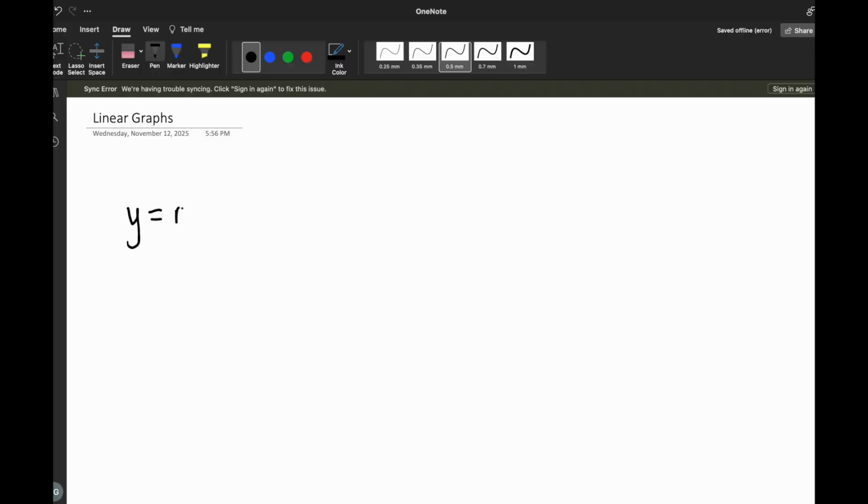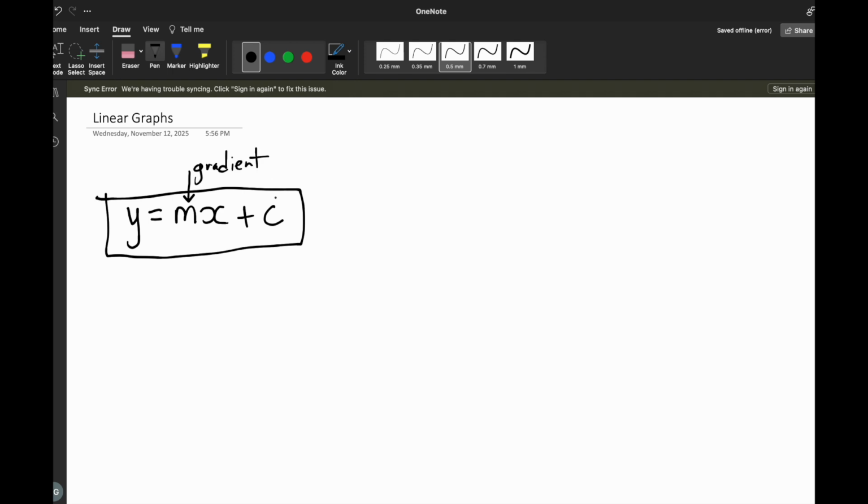So y equals mx plus c is the general equation. What does m represent? The gradient. And what does c represent? The y-intercept.